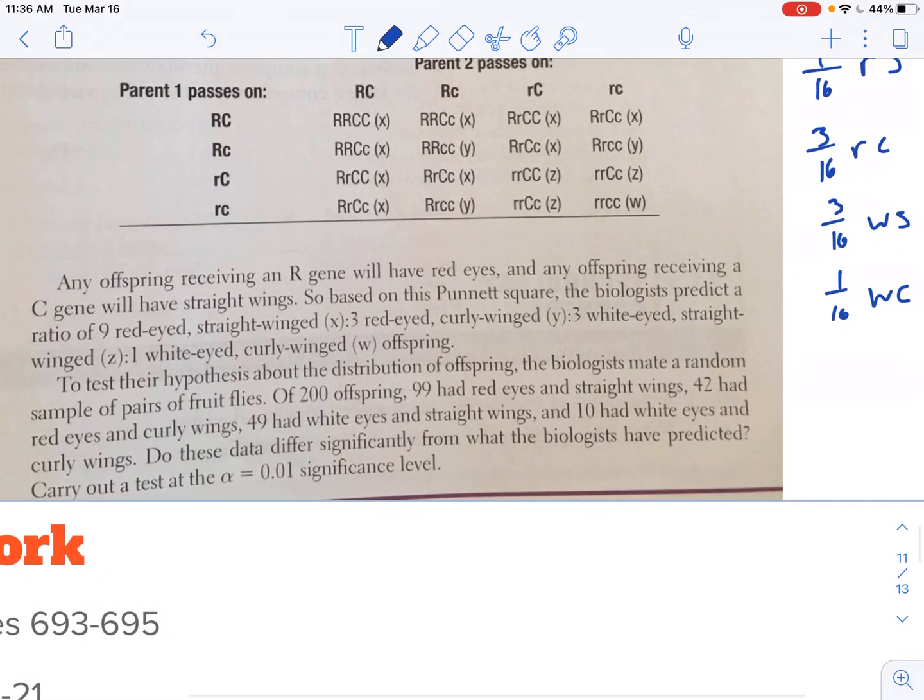All right, so first we need the expected value. So the expected value of the red-eyed straight wings is going to be 9/16 times 200.